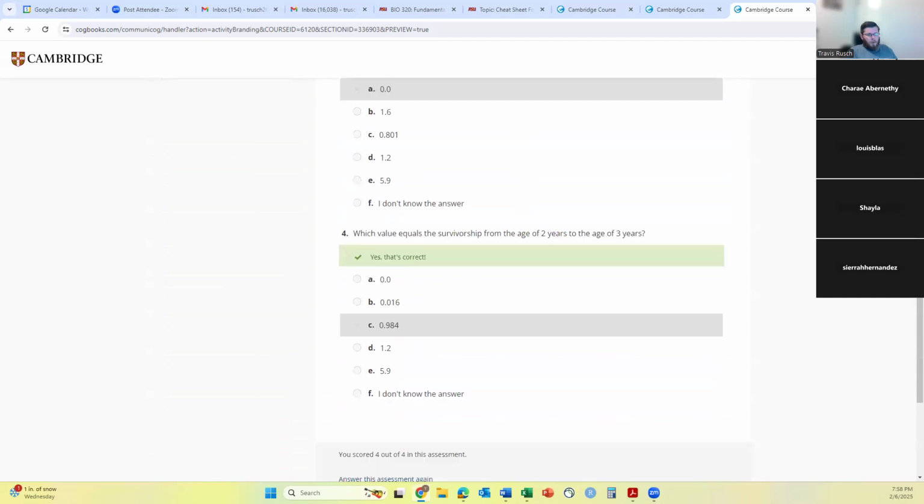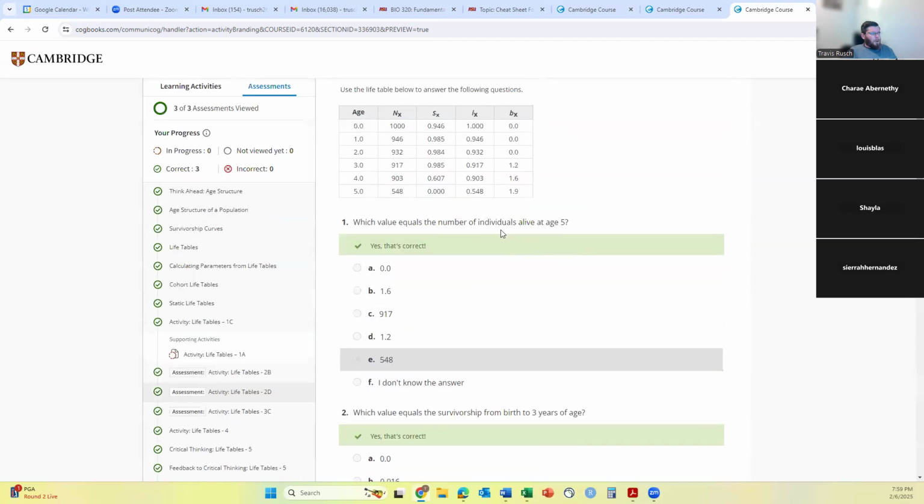Okay. And number 4, that's asking us which value equals the survivorship from the age of 2 years to the age of 3 years. And again, I don't like how this should say survival rate because that's going from years 2 to 3. So this is, I think, another error in CogBooks. So if we replace it with survival rate from ages 2 to 3 years, we go up to our S of X category.